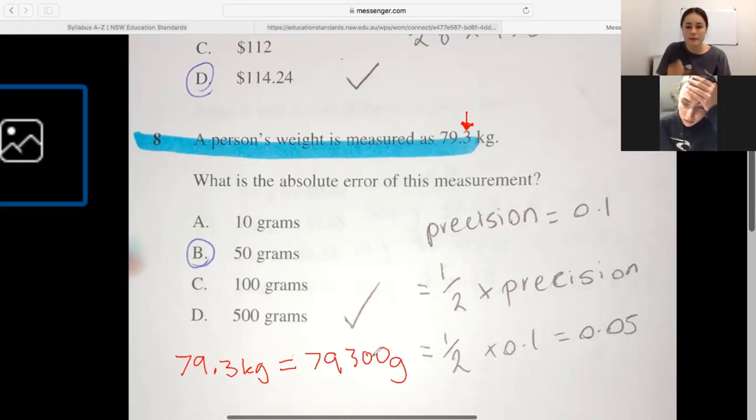Does that make sense? It'd be 79 kilograms plus 300 grams. Does that make sense? 79.3 kilograms. So the smallest unit of measurement in the 79.3 kilograms is grams. Is that cool?